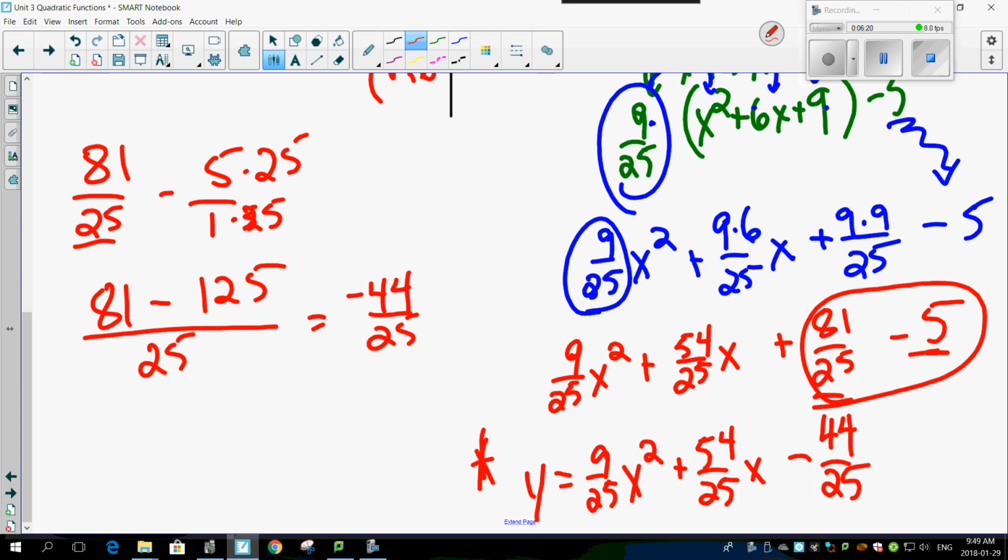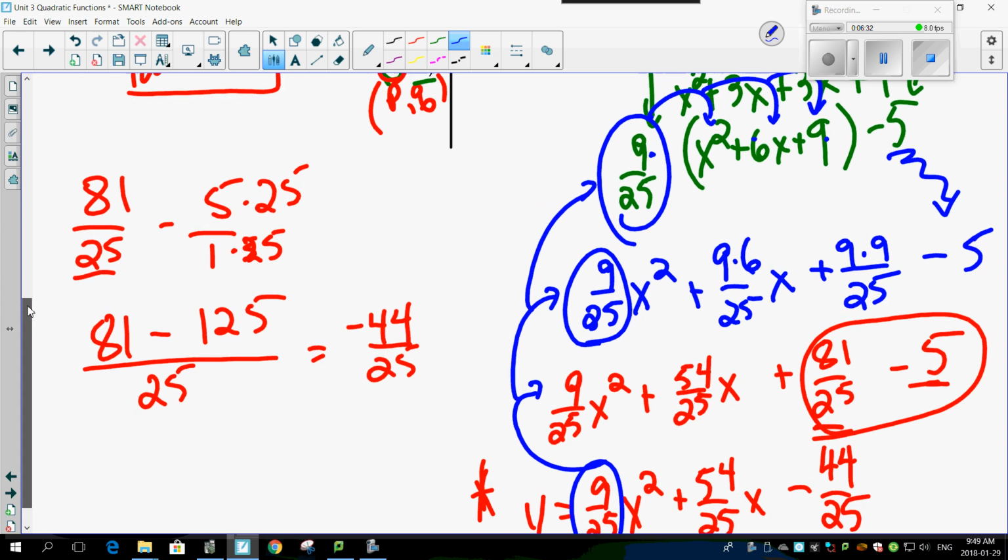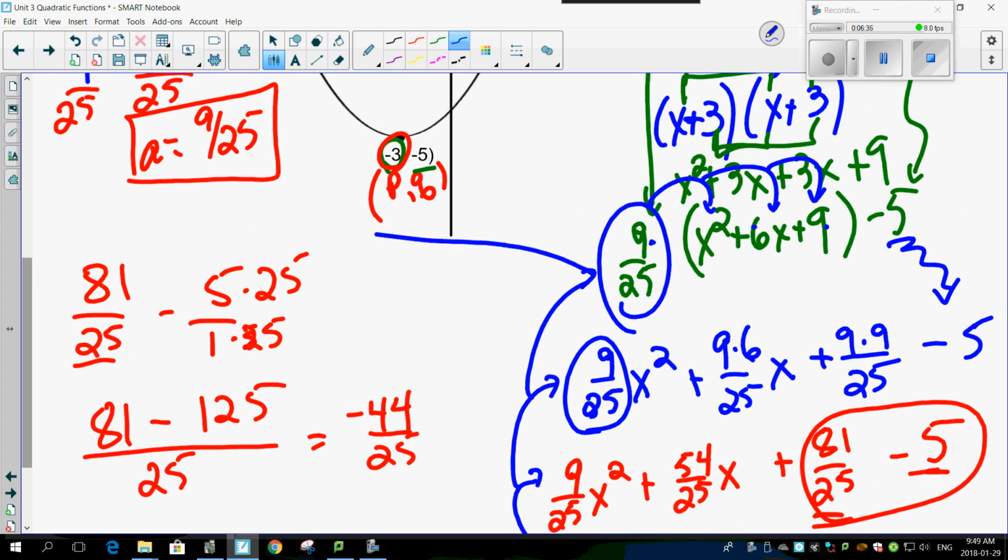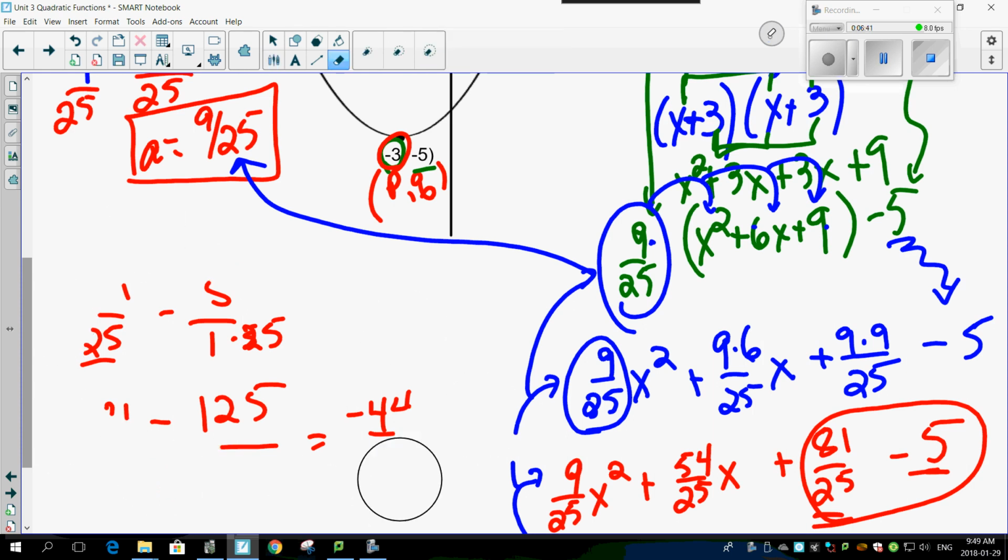But here's a couple things I want to show you which are really kind of interesting. Notice that this a value has never, ever, even once changed ever since you determined the a value way over here. Isn't that interesting? So even if you're in vertex form, and let me clean this up a little bit so you can see some stuff here.